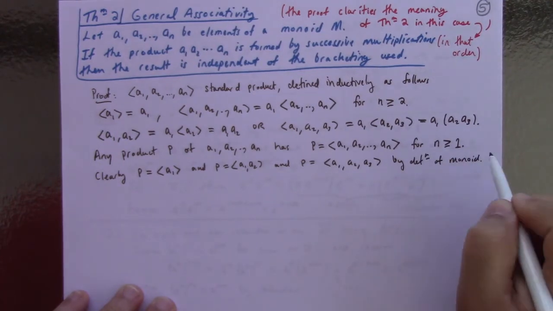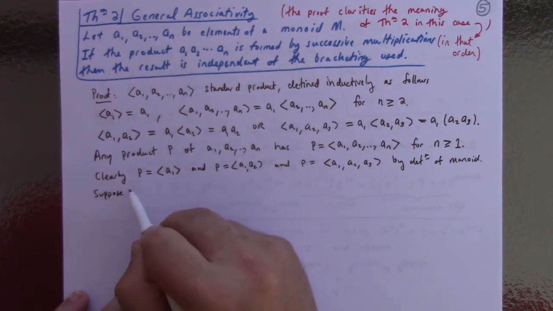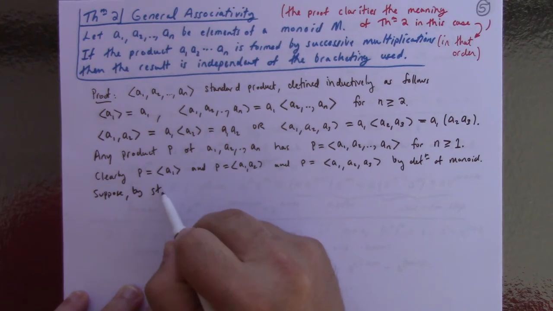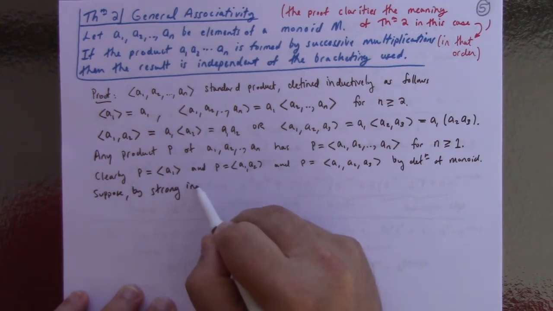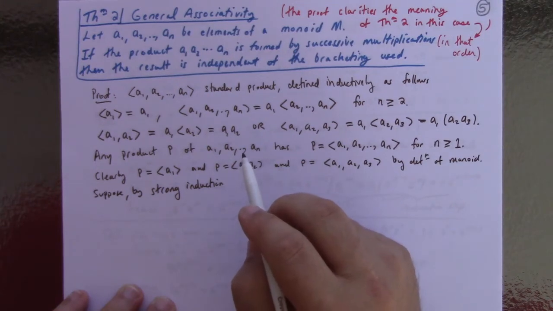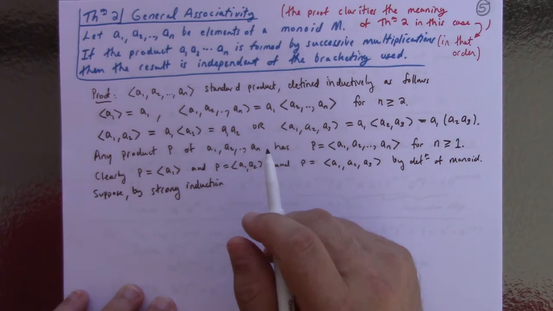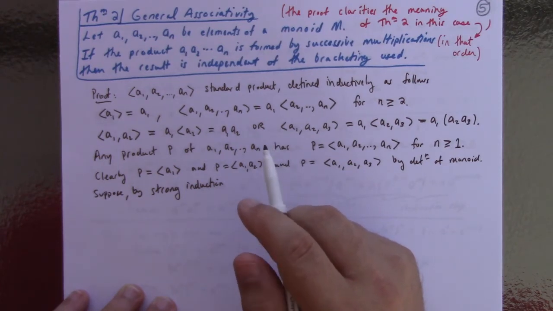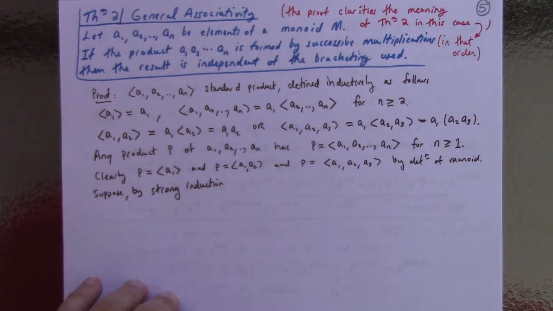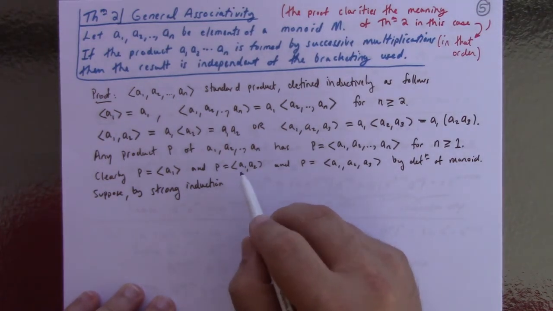So suppose inductively, by strong induction in fact, that the result is true for a product of n things. Let's see here, make sure I've got my indices.